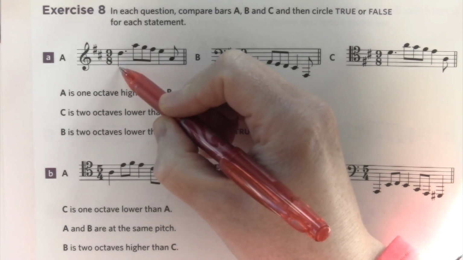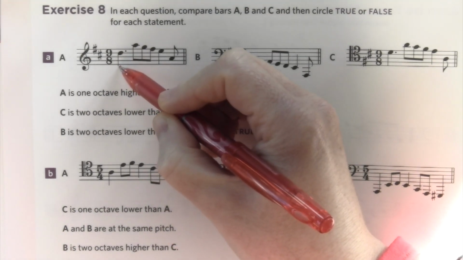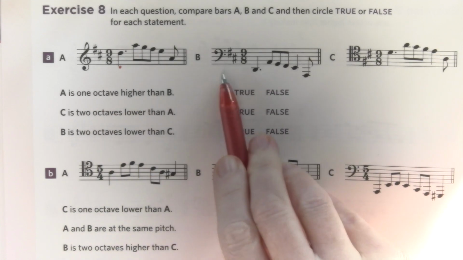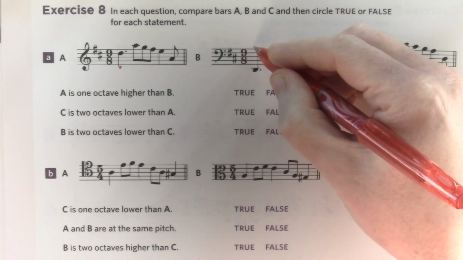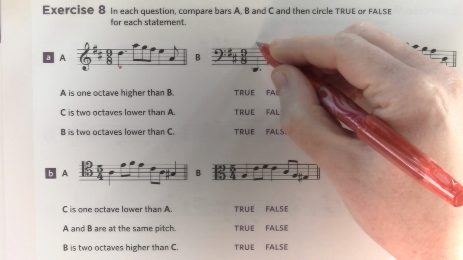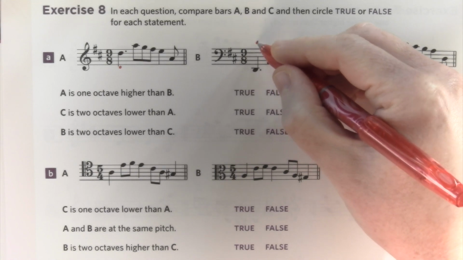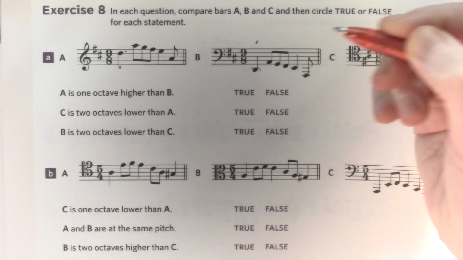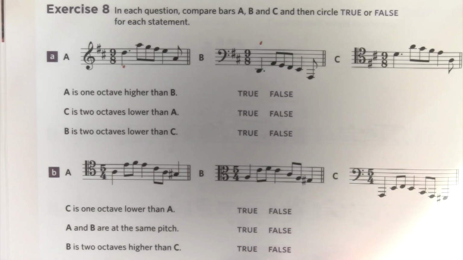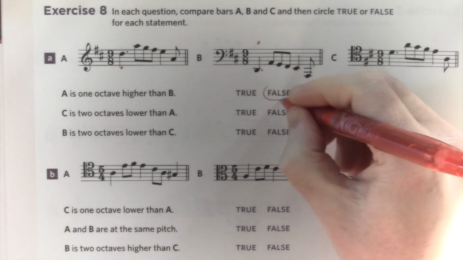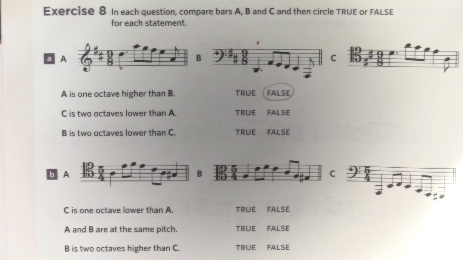Middle C will be, so 1 octave lower would be here. So if this is true, in bass clef, that would be written up here, above middle C. This is not the case, as you can see. So it's not 1 octave higher, but it's more. So that is false. We need to circle it. There you go.